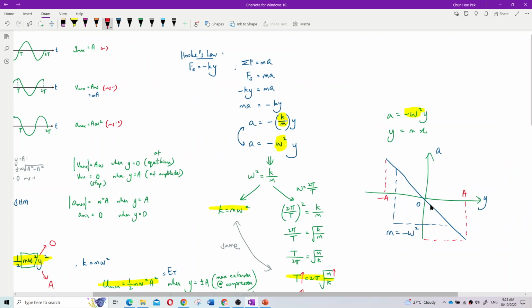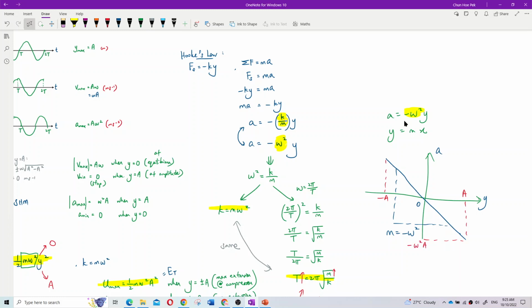So here, if we put A into this equation, we get negative omega squared A. Understand? They're always in opposite directions. When y is positive, a is negative. When y is maximum, a is also maximum in magnitude. One positive, one negative. Acceleration and displacement are always in opposite directions.